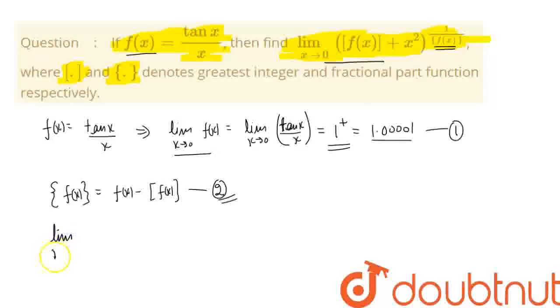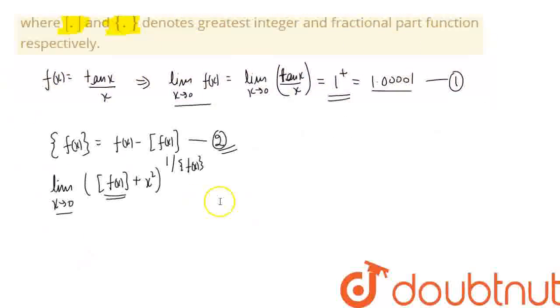So here we are given the limit as x tends to 0 of the GIF of f of x plus x square, and in the power we are given 1 whole divided by, in the denominator, the fractional part of f of x. Now we have the limit as x tends to 0 of this GIF of f of x, so we are going to calculate this.